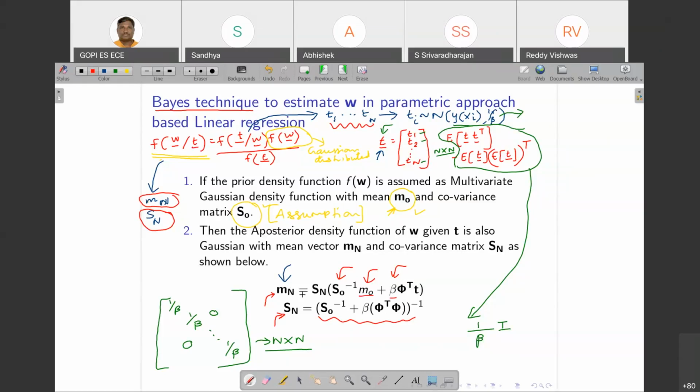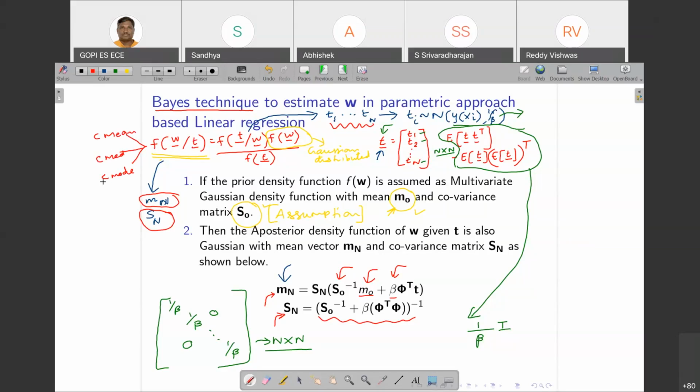You know, likelihood estimation and all, right? But now I'm asking, what is the Bayes estimate? Bayes estimate means what? The conditional mean, right, of this f of w given t. Unfortunately, this f of w given t is Gaussian. So conditional mean, conditional median, and conditional mode, all are going to be the same.